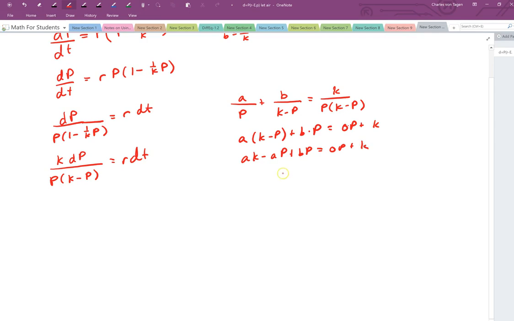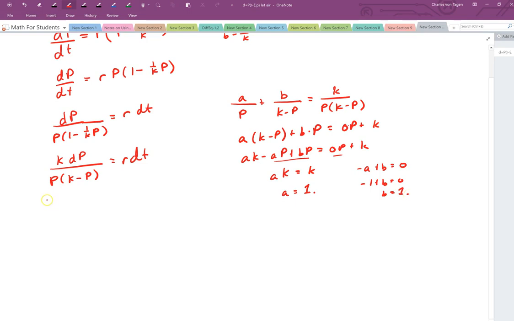From that we get two equations. ak must equal k, so a must equal 1. And from the p terms we get that minus a plus b must equal 0. Well, we just said that a has to be 1, so minus 1 plus b must equal 0, so b must equal 1 as well.